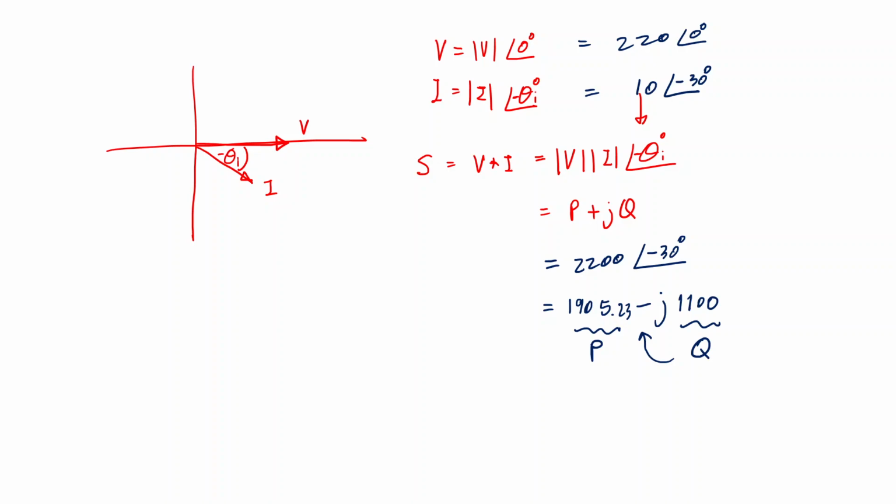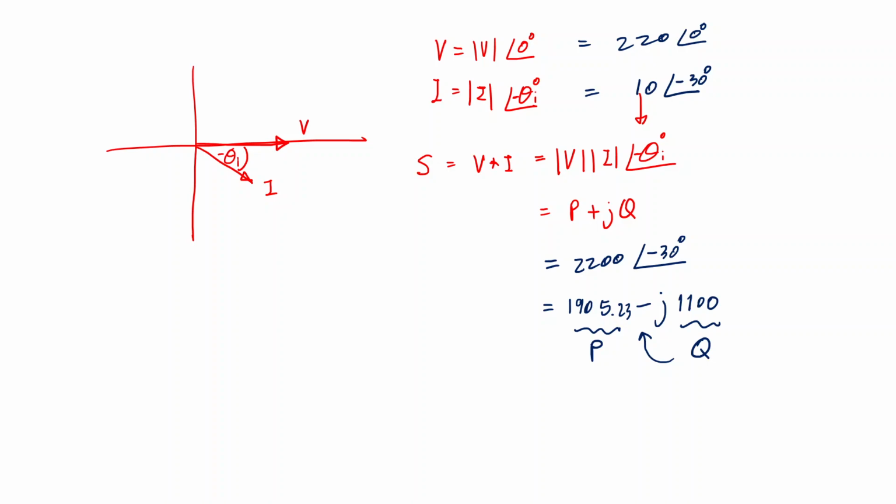If we multiply V and I, we get a complex number, real power and reactive power. And if the current lags the voltage by theta, the reactive power will be negative if we calculate without conjugate.